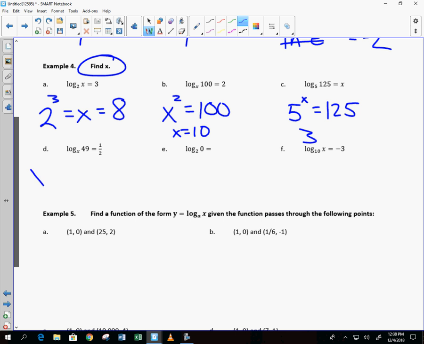Base of x, exponent of 1/2 equals 49. I put the problem there so you'd answer 7, but it is not 7 because the square root of 7 is not 49. Rather, what number do you take the square root of to get 49? Well, whatever 49 squared is, right? 2,401.